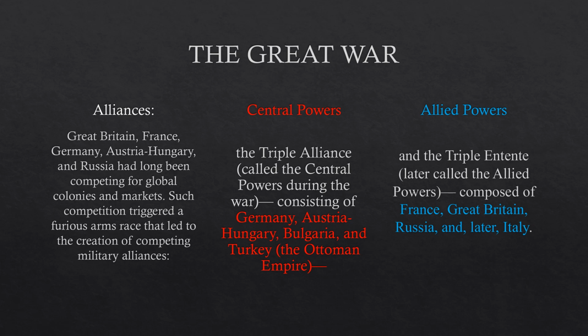So, Great Britain, France, Germany, Austria-Hungary, and Russia had long been competing for global colonies. They were competing for markets, and such competition triggered a furious arms race that led to the creation of competing military alliances.